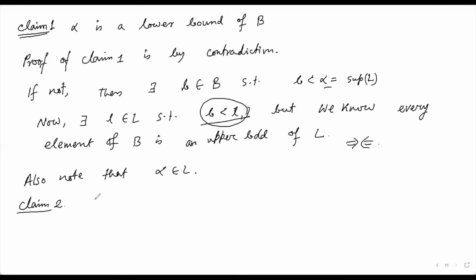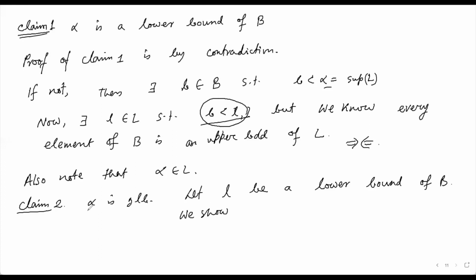Now we have claim 2: alpha is the GLB. Let l be a lower bound of B. Now we show that alpha is the GLB.